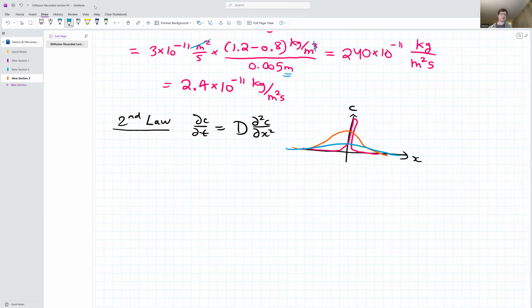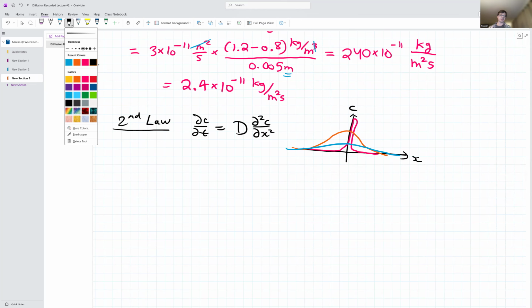And we know the specific solution to that, right? We talked about that by analogy with the random walk. If we start a bunch of random walkers at the center at x equals 0, and we ask what's the probability of observing it somewhere later on, that's the same as putting a bunch of concentration at the origin and asking how the concentration spreads out.